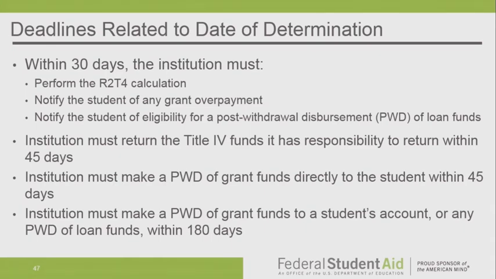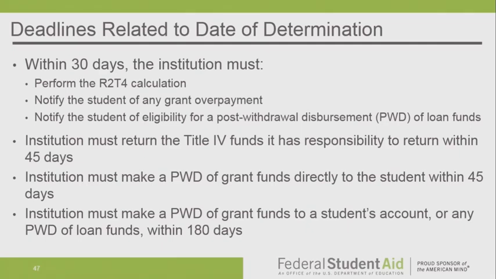So if you determine that a student has withdrawn and you've got that 30-day clock ticking, if you wait until the end of 30 days to make the R2T4 calculation, how many days left do you have to return the funds? 15, right? What happens if the person in the business office that does the returns has gone on vacation for a couple of weeks? You got a problem, don't you?